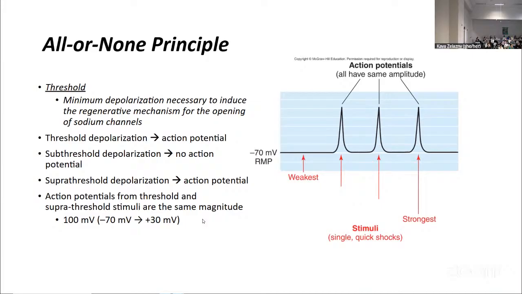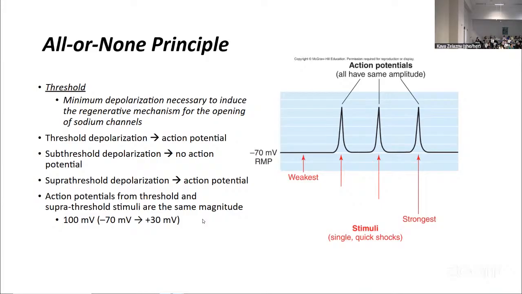Every time we get to the threshold, every time we get to -55 millivolts, we are going to fire an action potential. If we don't get to -55, even if we have a little bit of a change to our membrane potential, we would call that a sub-threshold depolarization. So sub for below, threshold for threshold. We didn't get to threshold, so we are not firing off an action potential at all.